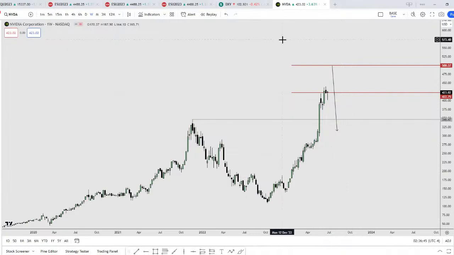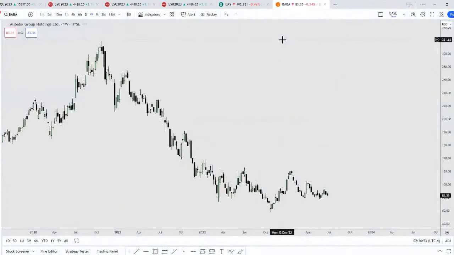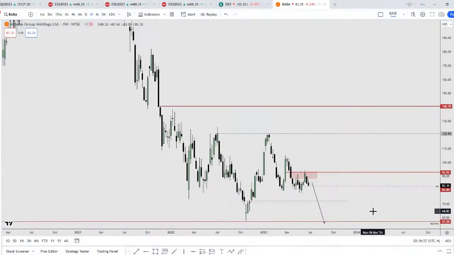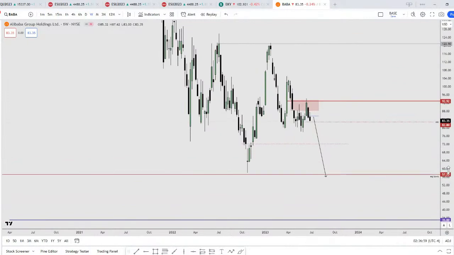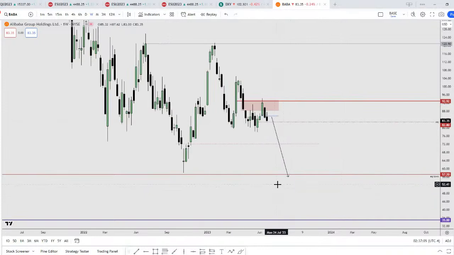Okay, let's move on to the two Chinese markets that I'm interested in. One is Baba. All right. So for Baba, Chinese equities, Chinese companies, currently pretty bearish, to be honest. We have a fair value gap here. This is a bearish fair value gap.